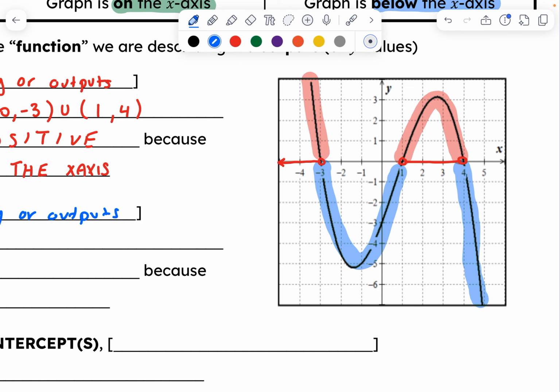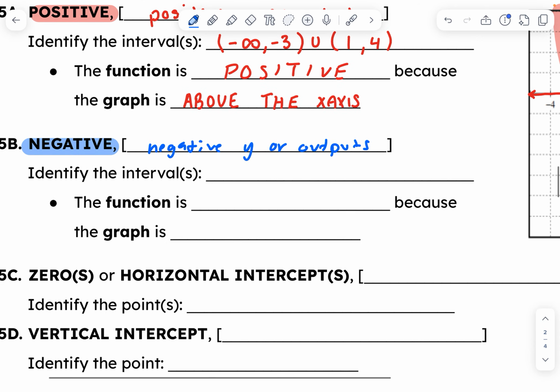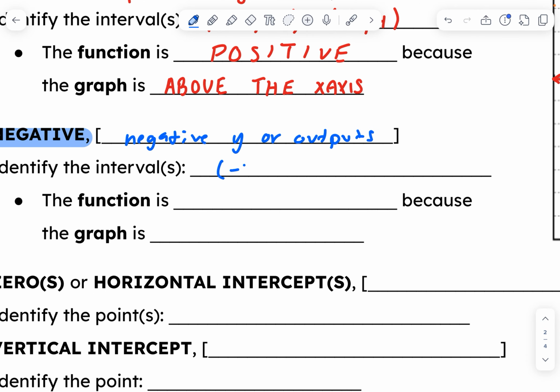So I notice that is any x value between negative 3 and 1 and greater than 4. So any value that is between negative 3 and 1 or greater than 4. Once again, I can say that my function is negative because the graph is below the x-axis.